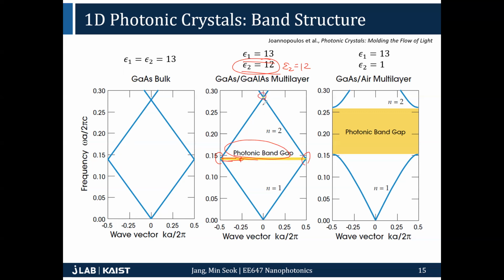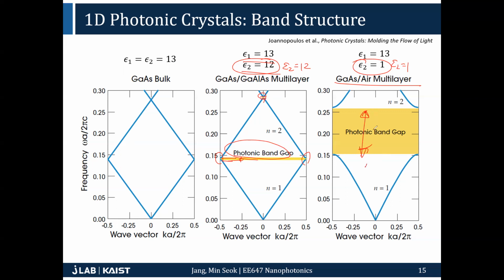Okay, and here too, a photonic band gap appears. And this tendency becomes more significant if we change epsilon 2 further. So the index contrast becomes higher, then the band gap becomes huge, right?